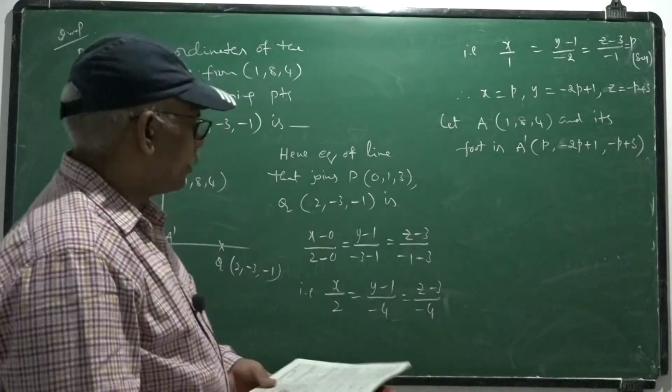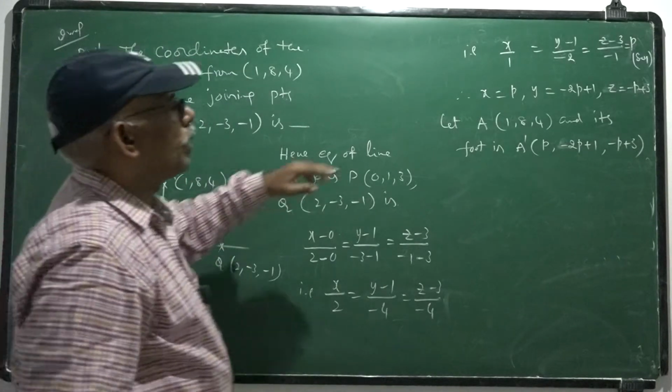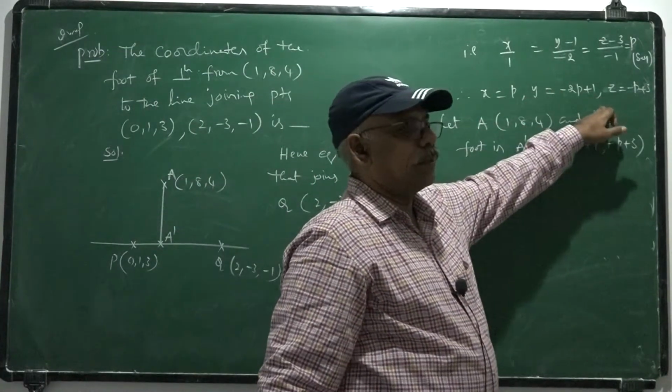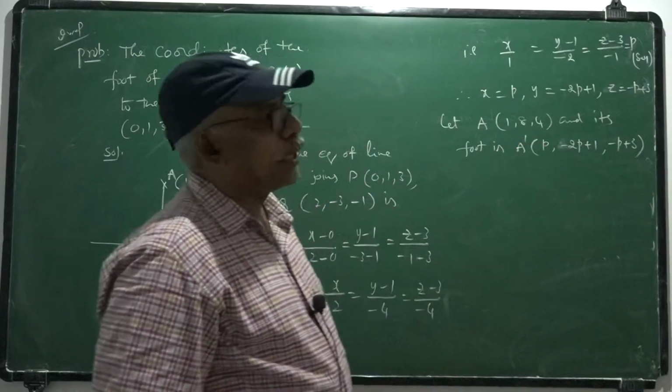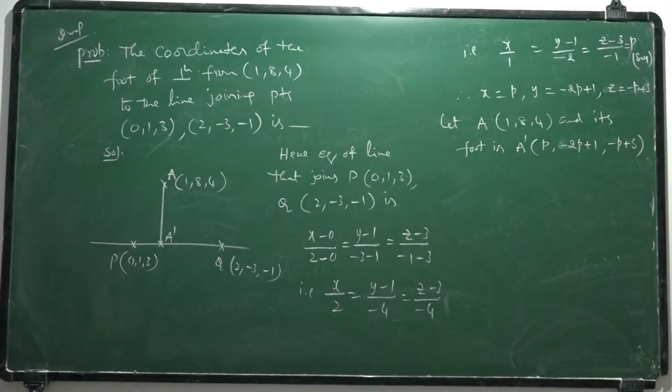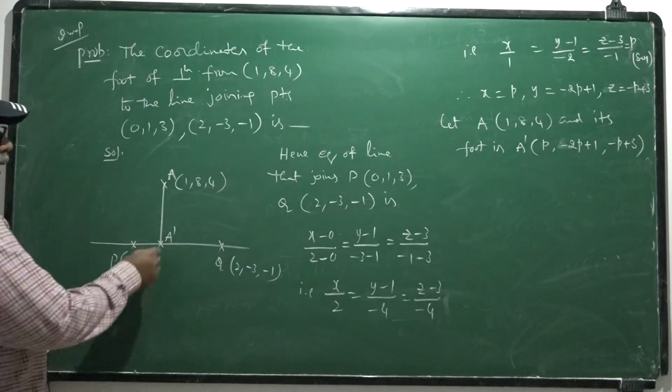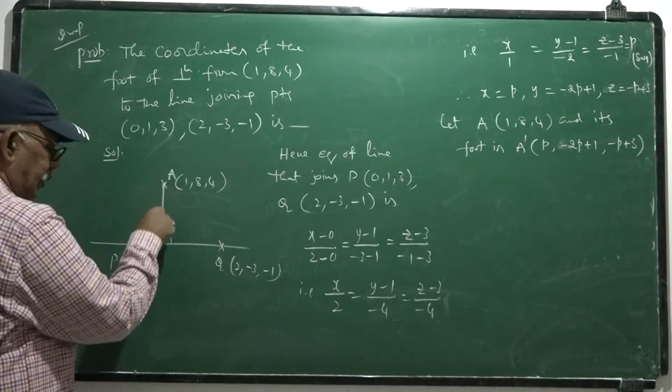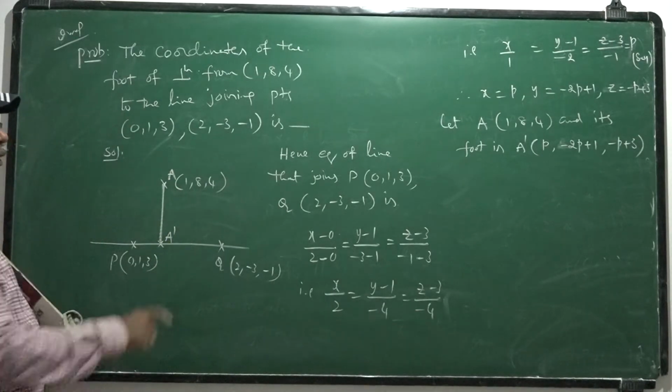Any point on this line is (x, y, z), so that is why I am taking A dash as (P, -2P + 1, -2P + 3), and assuming that A dash is the foot of the perpendicular from A.